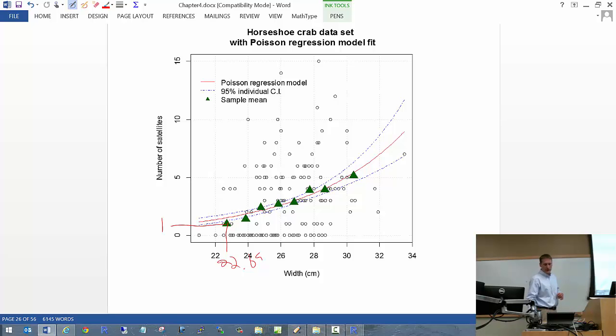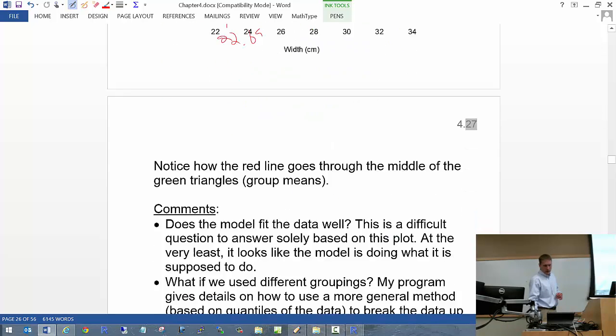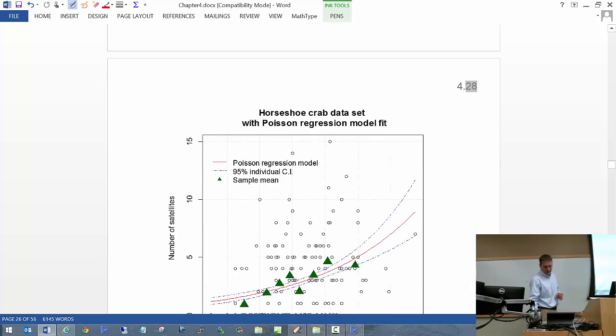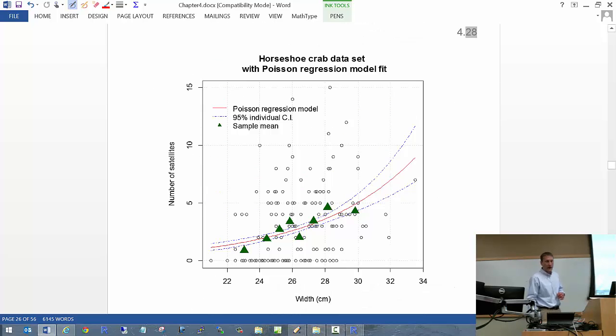Alternatively, what you could do instead is to use a different kind of grouping. And so in this alternative plot here, and you can take a look at the code in my program, what I've done is said, okay, how about we essentially evenly divide the observations into groups.